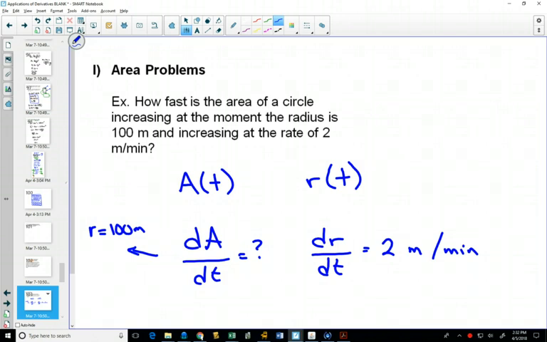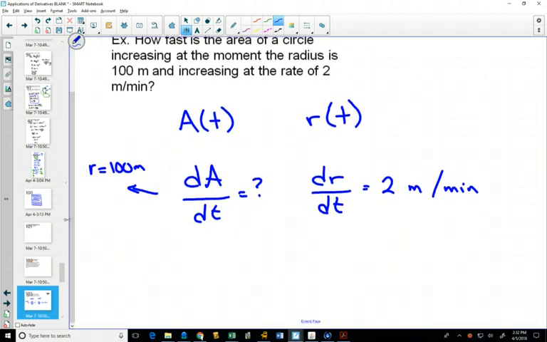With all of this background information, we now have to try and say, can we create an equation that relates area to radius for a circle? Well, this is one that you know quite well. What's your formula for the area of a circle? Pi r squared. So we have an equation that relates area to radius.